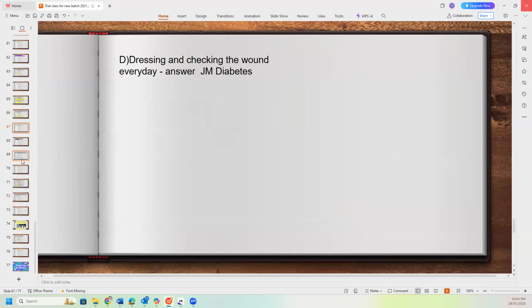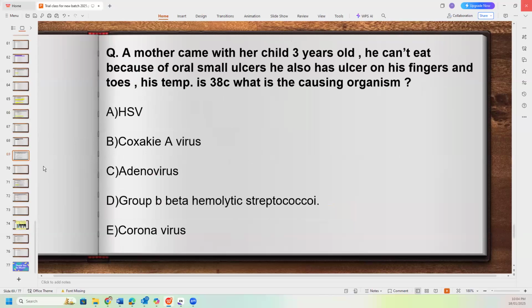Yes, IV due to sepsis. Fever is a systemic sign of sepsis. So purulent discharge with fever, then you should definitely give IV antibiotics instead of oral antibiotics. Clear, guys? Any question?